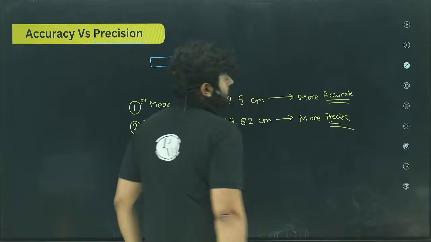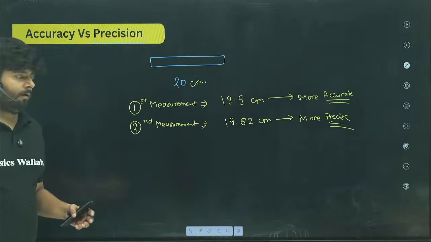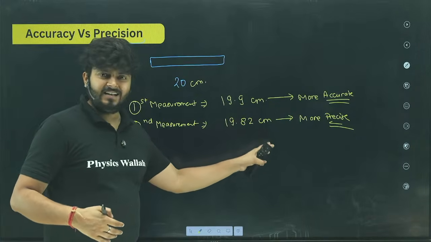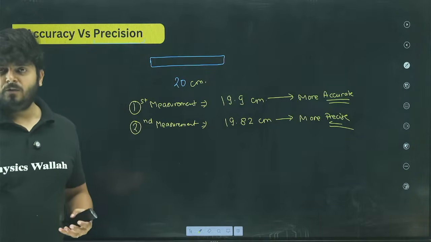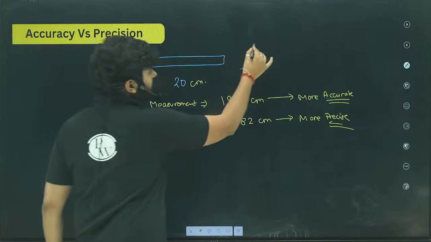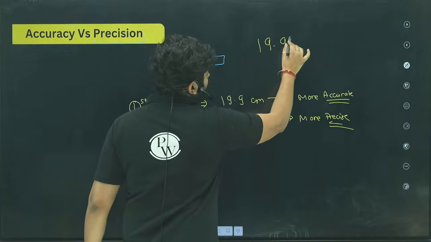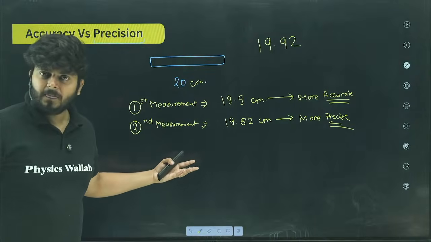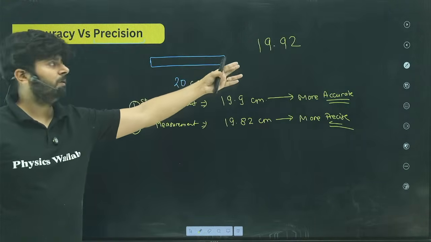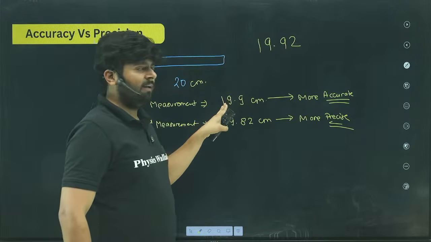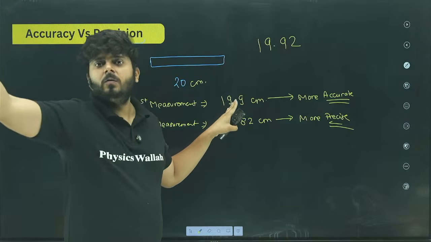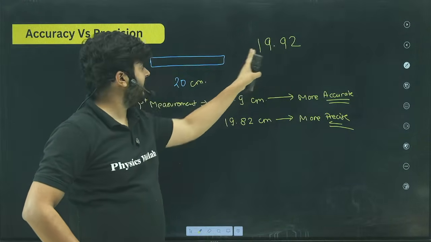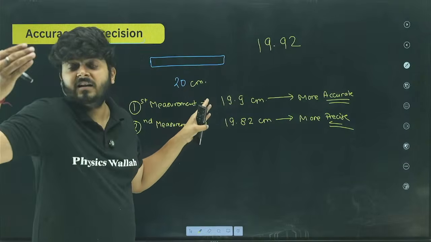All right. So in reality, what do you want? The best case scenario is the reading is more precise as well as more accurate. For example, if the reading was 19.92, it is not only more accurate, but also more precise, because you see that 19.9 is there, and there is another decimal point.